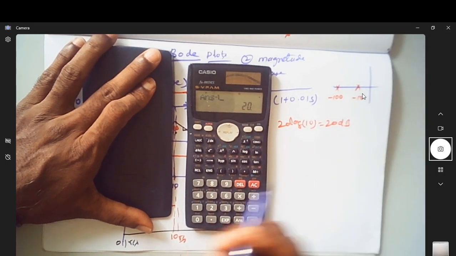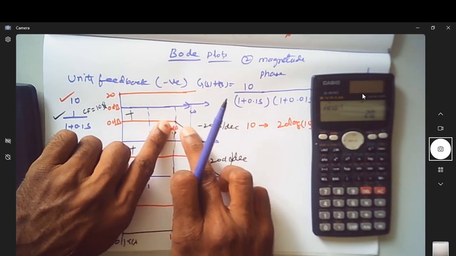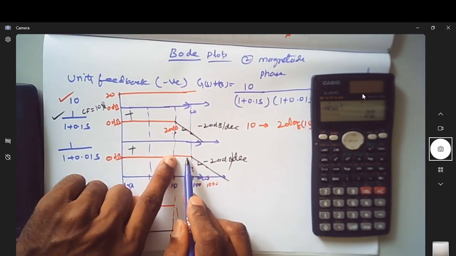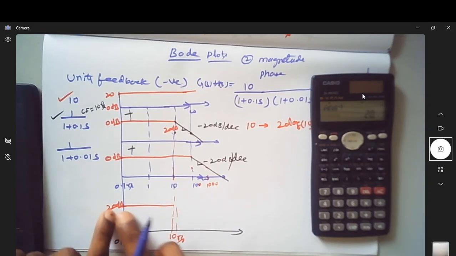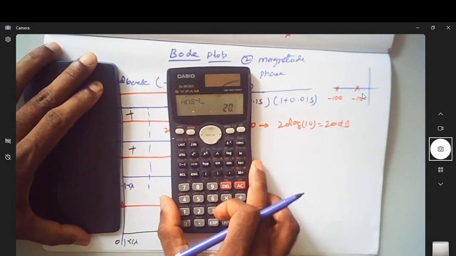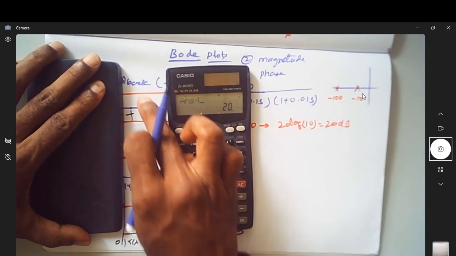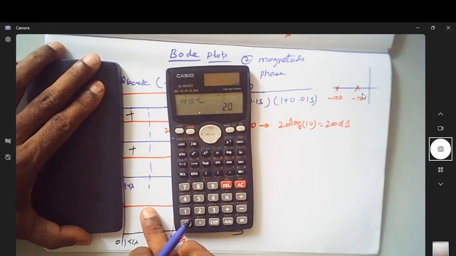Is the slope of this minus 20 dB per decade? That is this line. Is the slope of this still 0? So once your first cutoff frequency comes, don't bother about the magnitude. Look at the slope. What was the slope here till? Can you see the slope of this is 0 dB per decade? This is also 0 dB per decade.